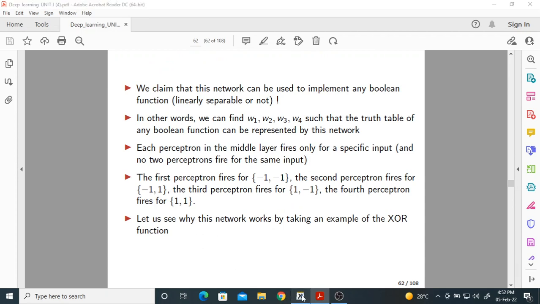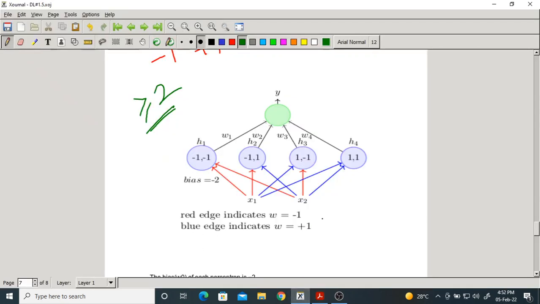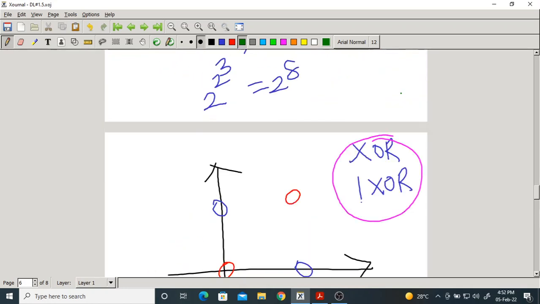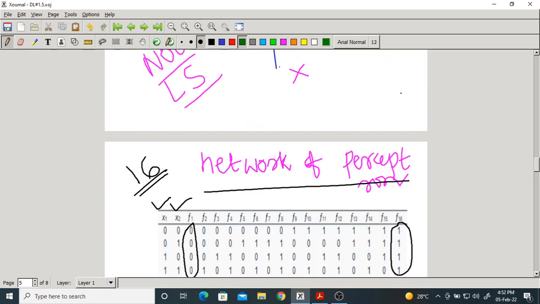Now let us see, will this network of perceptrons be able to implement the XOR Boolean function or not? In the starting itself, I told you that a single perceptron cannot implement it. What is the reason?